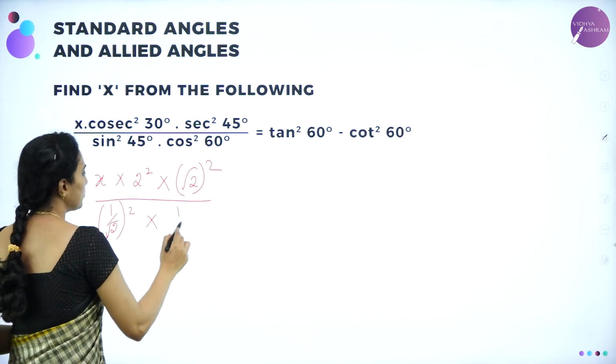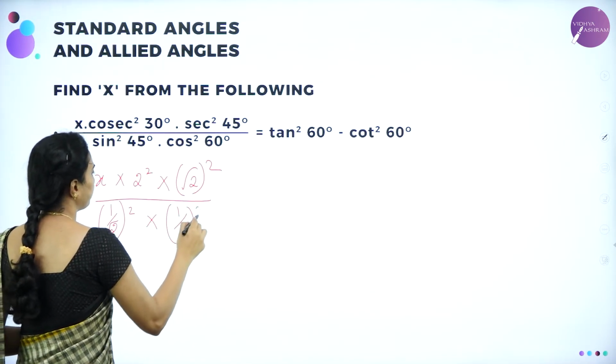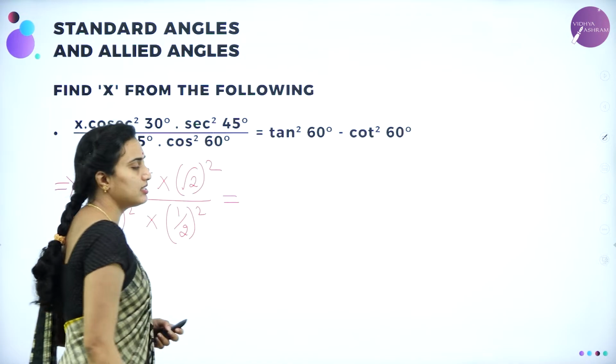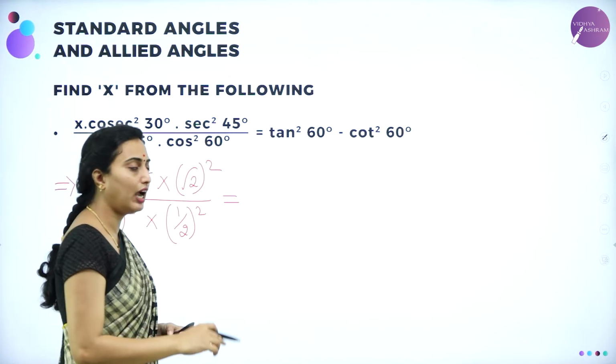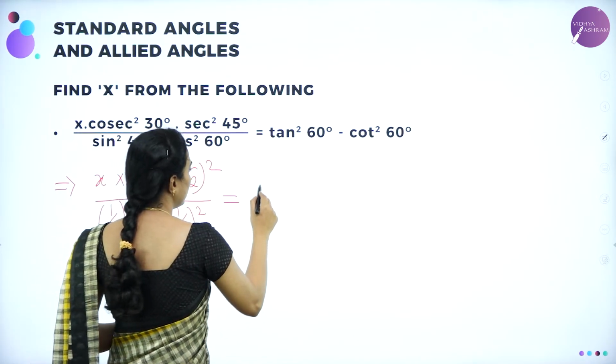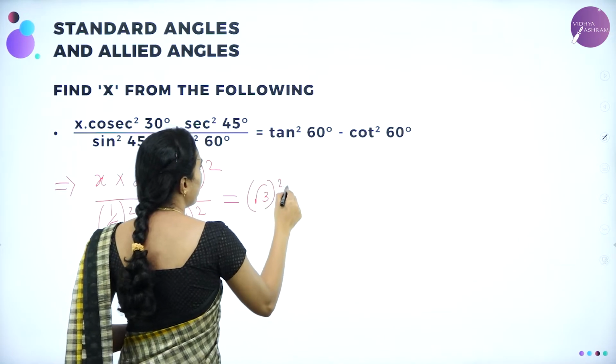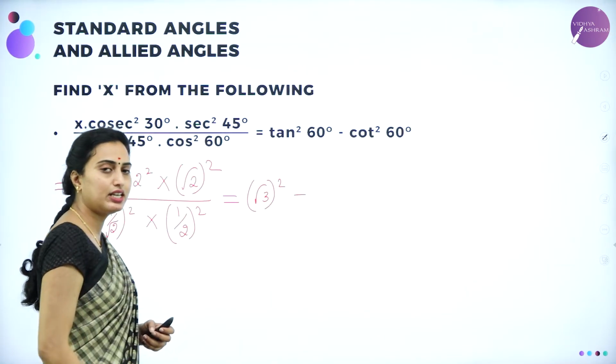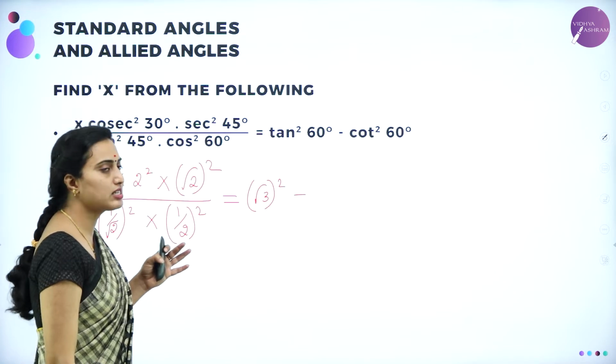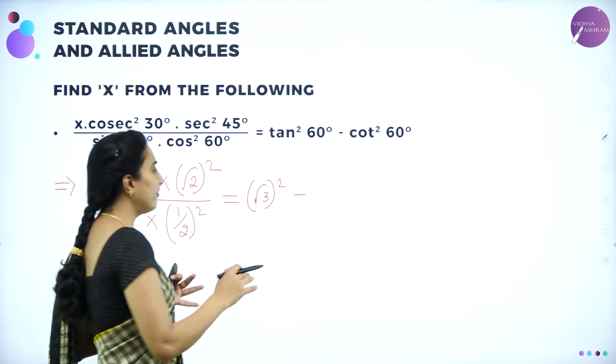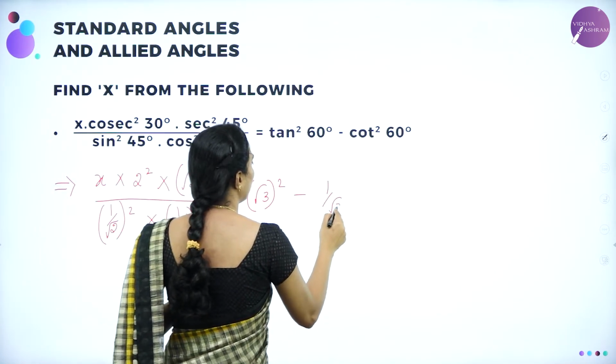Therefore cos squared is (1 by 2) whole squared, which implies tan 60 degree is nothing but the value root 3. So here (root 3) whole squared minus cot 60 degree is nothing but, since tan 60 degree is root 3, cot 60 degree will be the reverse, which is (1 by root 3) whole squared.